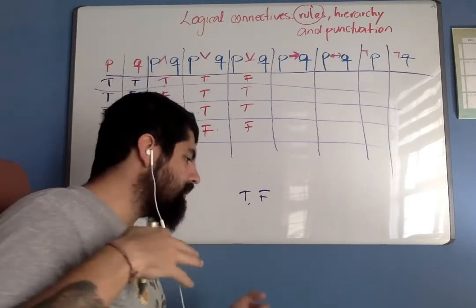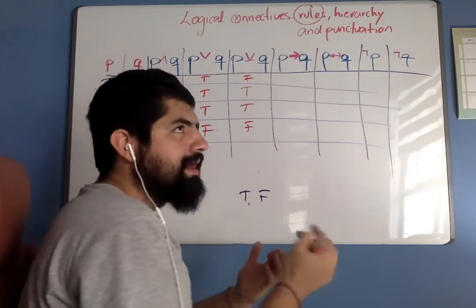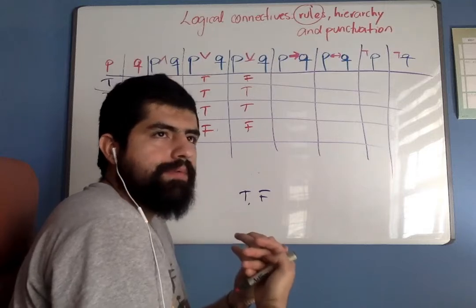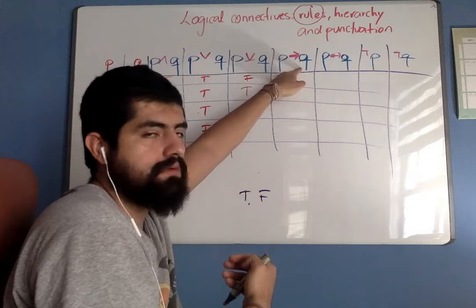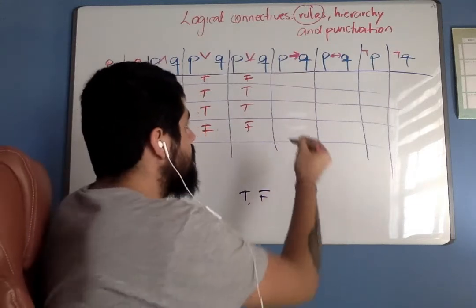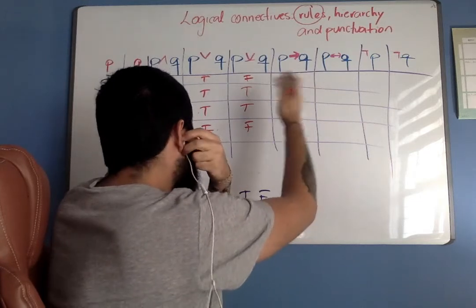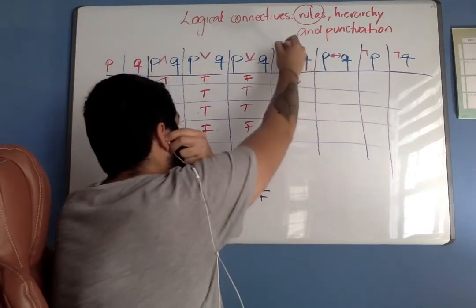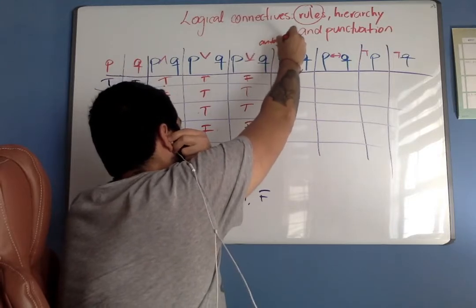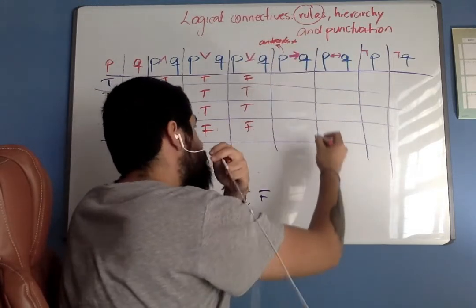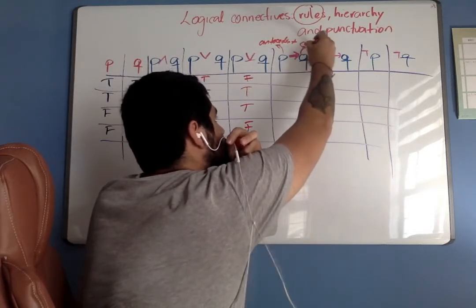But remember that when we have a conditional statement, the symbolic representation will be P conditional Q. The part that is before the conditional is called the antecedent, okay? And the part that goes after the conditional is called the consequent.